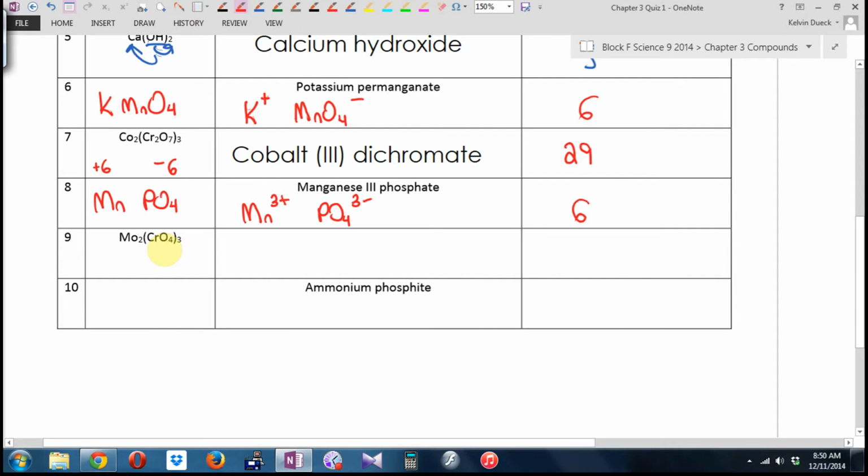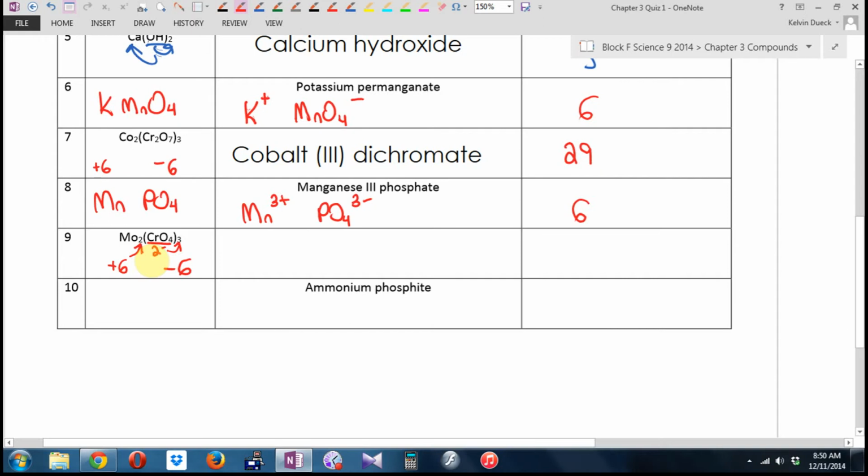On CrO4, I looked on the back, each one of these is worth 2 negative, and there's 3 of them, so there's a total of 6 negative, or negative 6. So this has to be positive 6, but there's 2 of them. Hudson, if there's 2 of them, they got to be positive 6. What's each one got to be worth? Same answer as before that you remember.